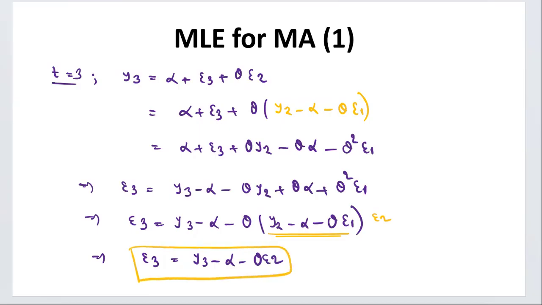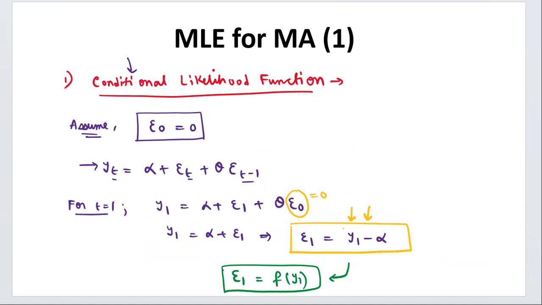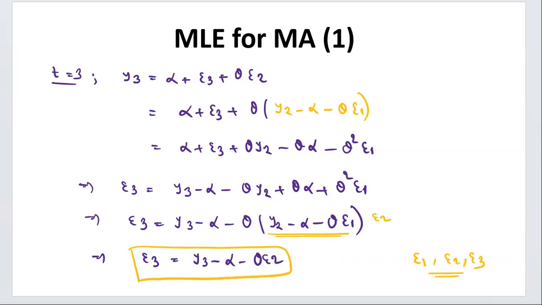So now that you have the terms of epsilon 1, epsilon 2 and epsilon 3, you can find a pattern from here. Let's compare. For epsilon 1, the first term is y1 and then minus alpha. For epsilon 2, you have y2 minus alpha, and then there is an additional term minus theta epsilon 1. And for epsilon 3, y3 minus alpha, and then you have minus theta epsilon 2.